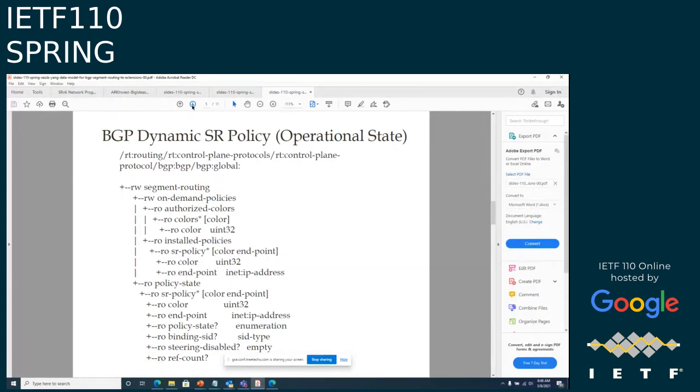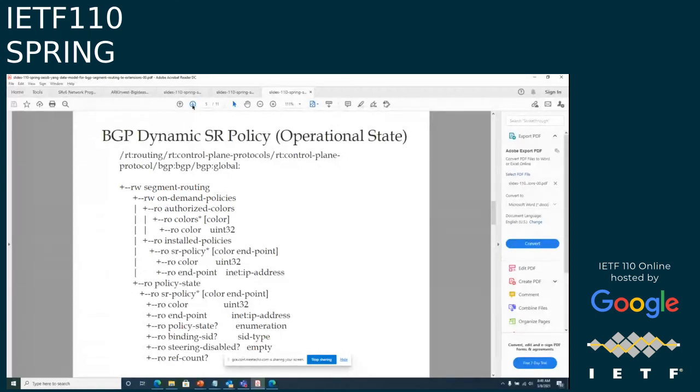So the relevant configurations required for creating a template, the Yang modeling for that is defined in this draft, which is the authorized color, what is the color value, it's an unsigned 32 value, and the policy state.